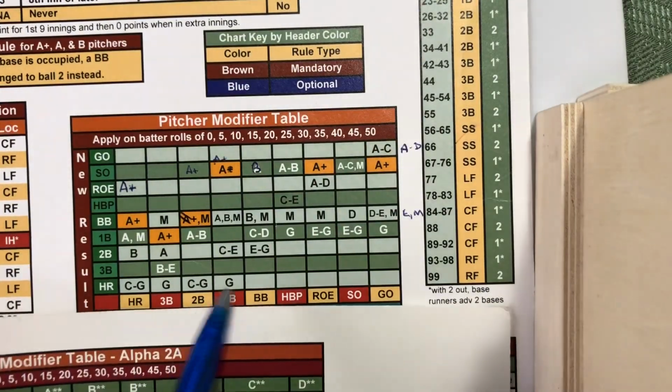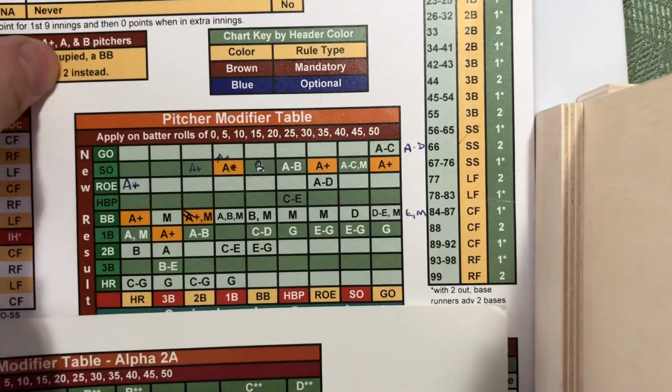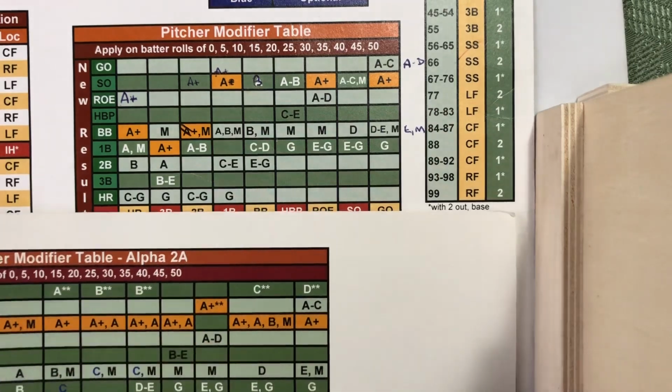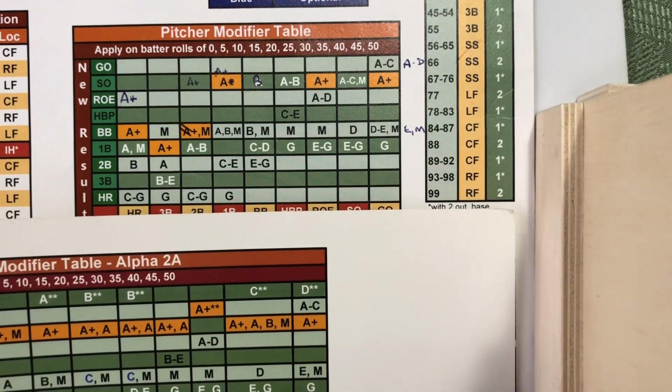If you look at the two charts and you compare where C outcomes are for C pitchers, you'll get the clearest sense of how the two charts are different.